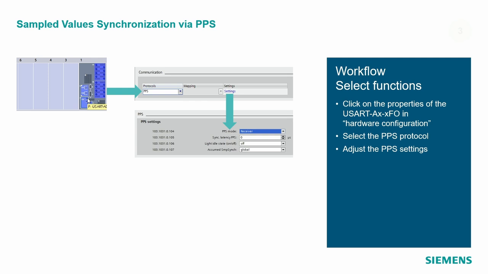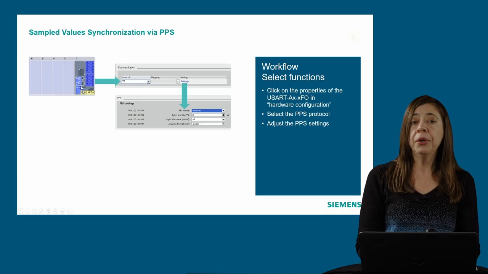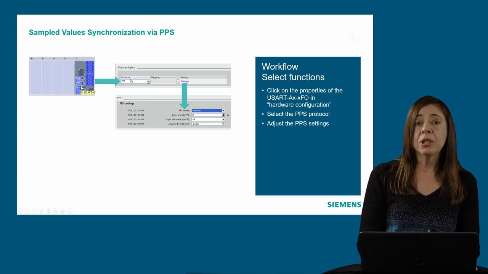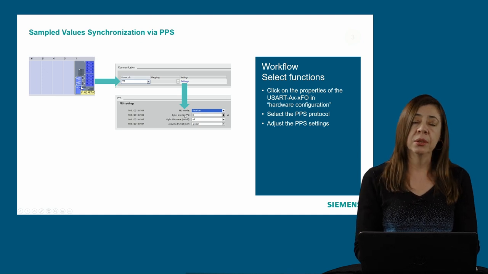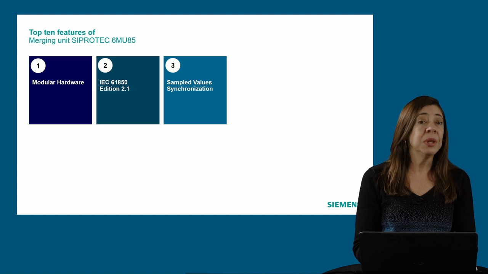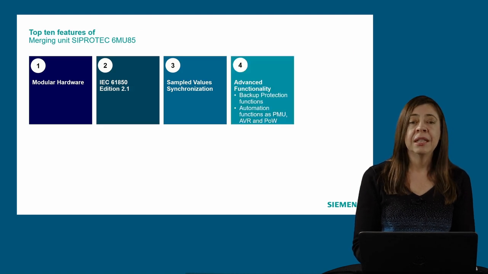Or you can use also the PPS synchronization. For that, you add an Ethernet serial communication module. You enable the PPS protocol and then go to the corresponding settings. Really easy to implement.